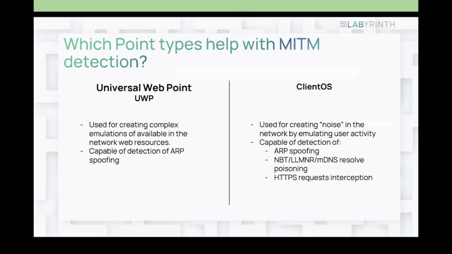The universal point is a decoy that is intended to make complex simulations of the web resources available in your network in just seconds. We provide the URL of what we would like to have. Besides that, it has capabilities to detect ARP spoofing. On the other hand, we have ClientOS. So let's go over this in detail and explain the relevance to MITM detection.